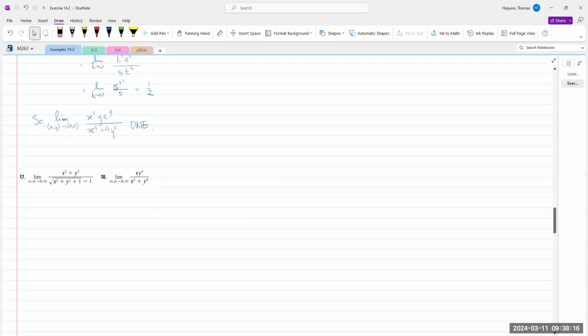I actually want to go over number 17 because I think that's the first time we see something with a radical, right? But in Calculus 1, we saw this type of question though. If you are dealing with a radical, if you plug in 0, 0, you will get 0 over 0, which is undefined. Oh, by the way, Thomas, can we use L'Hopital's rule?